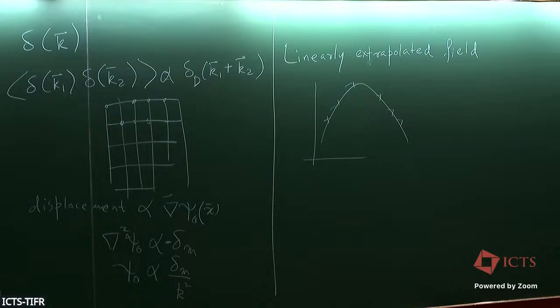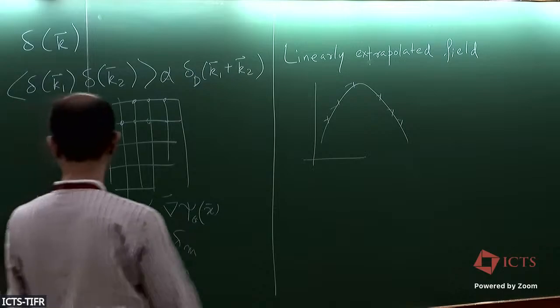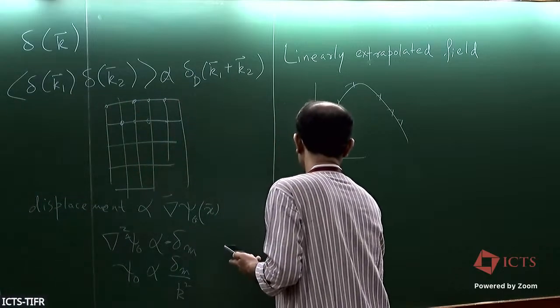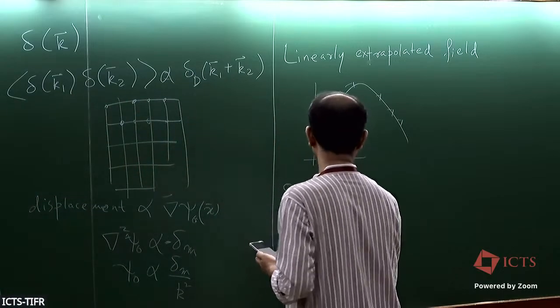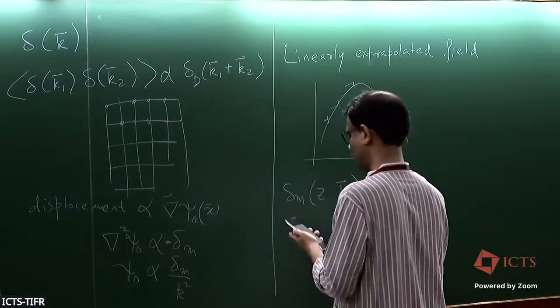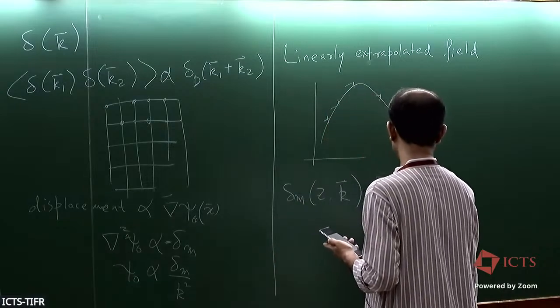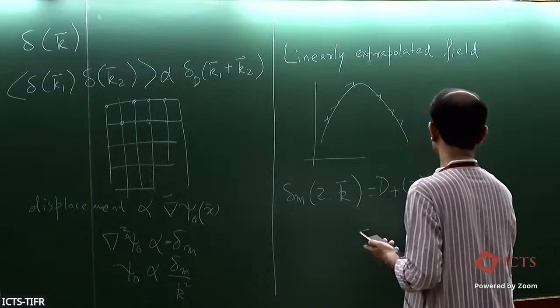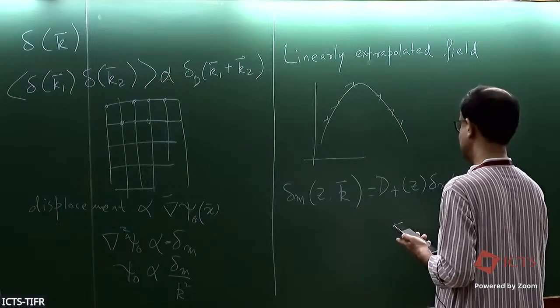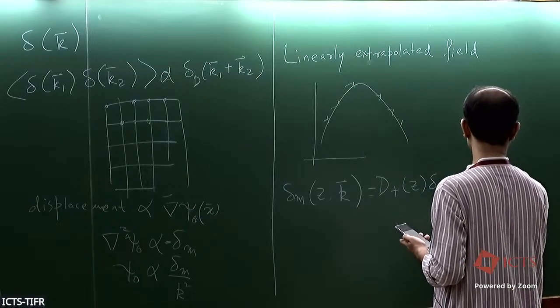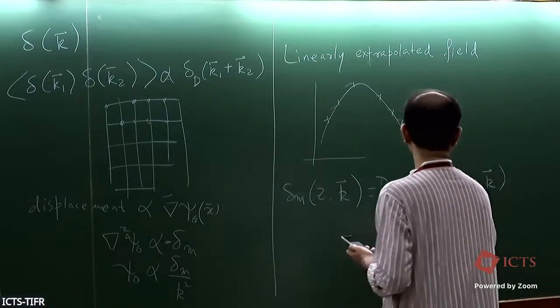So if we do a linearly extrapolated field, let me just write it for completeness' sake. Any delta calculated at some z at some value k will be D plus of z times delta m at z equal to 0, k, because k modes evolve independently.